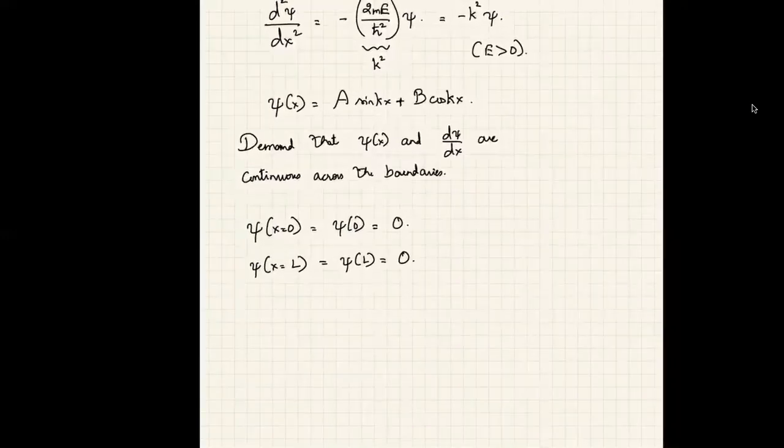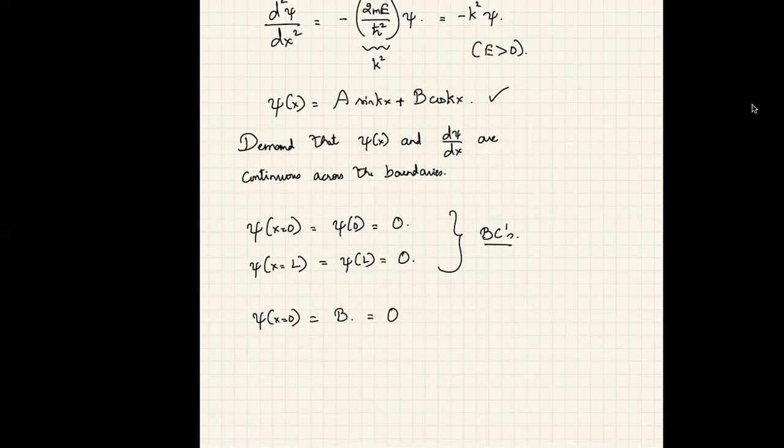Okay. So let us now fit the general solution that we have obtained with the two specific boundary conditions that we have deduced. So psi at x equal to 0 is nothing but, at x equal to 0, sine k times 0 is 0. So this is nothing but b. Now, if this has to be equal to 0, because cosine 0 is 1, so psi of 0 is just b.